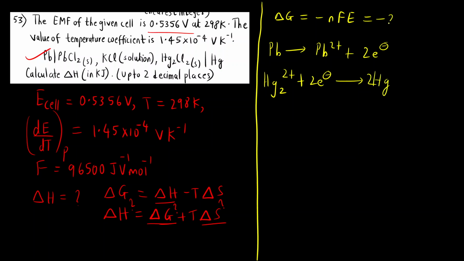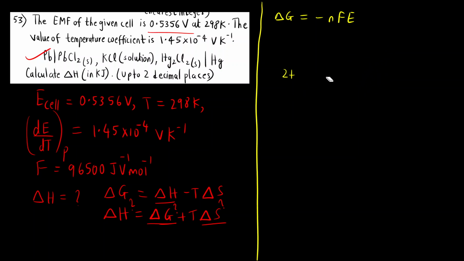So n value is 2 moles. Delta G is minus 2 mole into 96500 joule per volt per mole.